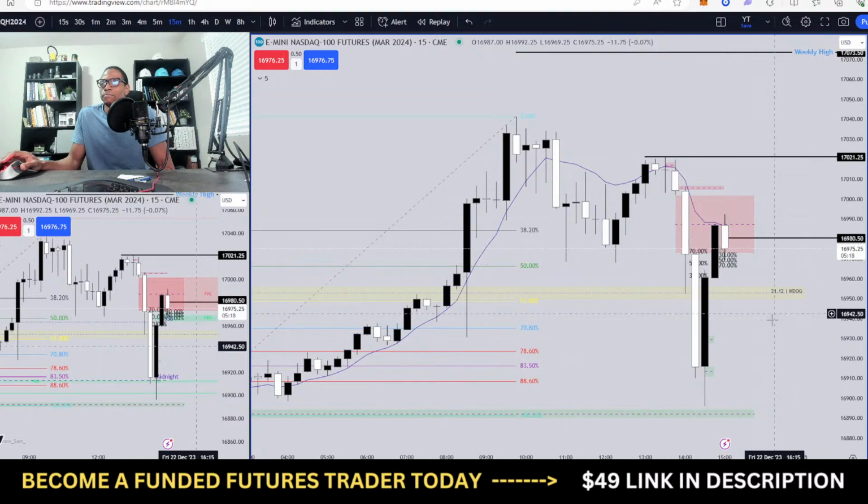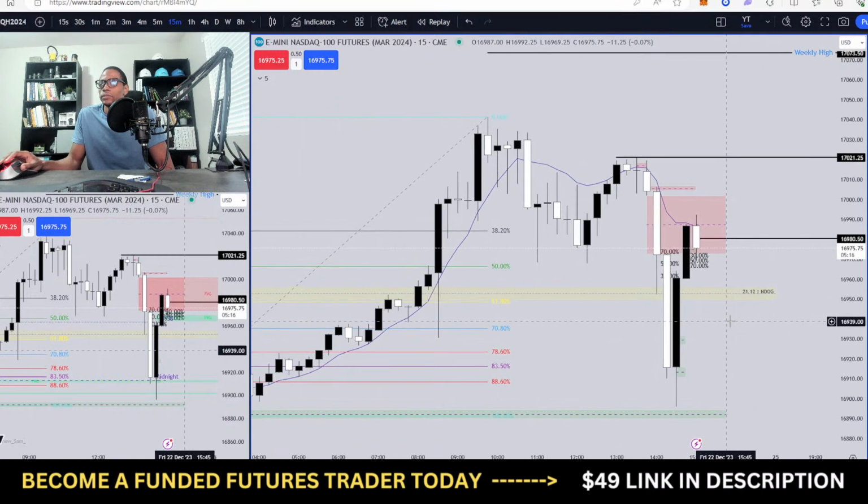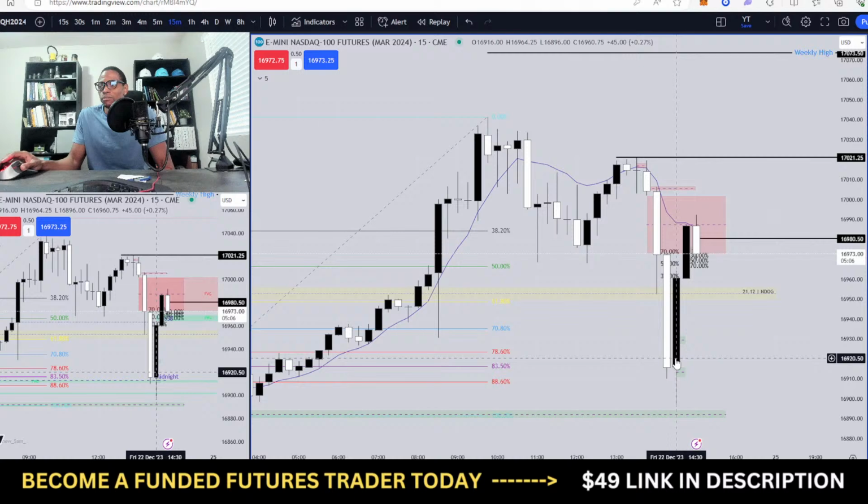All right, another 5 minutes, and then we'll have the afternoon macros. So 3:15 to 3:45. A lot of times you see a push down to the midnight open. But in our case, just about 30 to 45 minutes ago, we did see a push down to the midnight open, which was at 16,913. So right here.